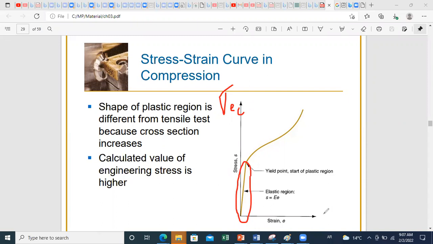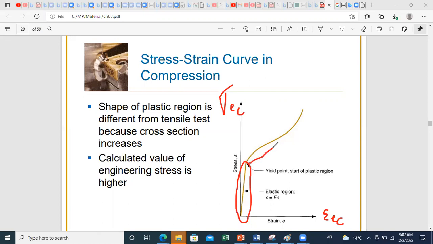Okay, so this is a function of epsilon engineering compression. So if we want to explain the physics here, the linear part corresponds to the elastic region, and we can detect the yield point, which is a transition between elastic and plastic. Here also we can use the offset method if this point is not very clear.